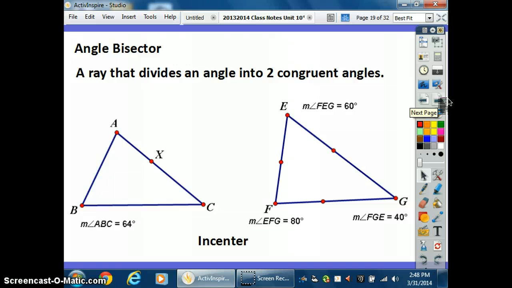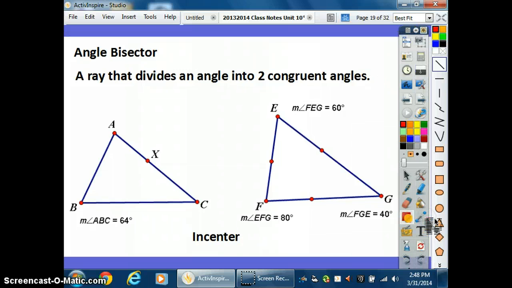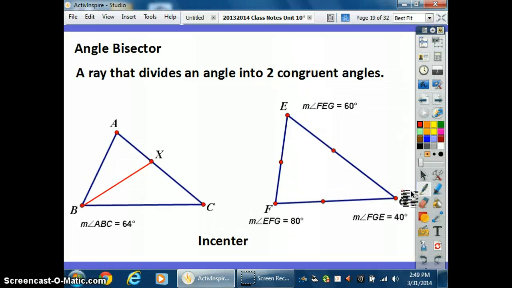Angle bisector. Now we were cutting those in half, so let's go ahead and do that. If I draw in this line, that is the angle bisector. Let's say this angle ABC, B being the vertex, is 64 degrees.